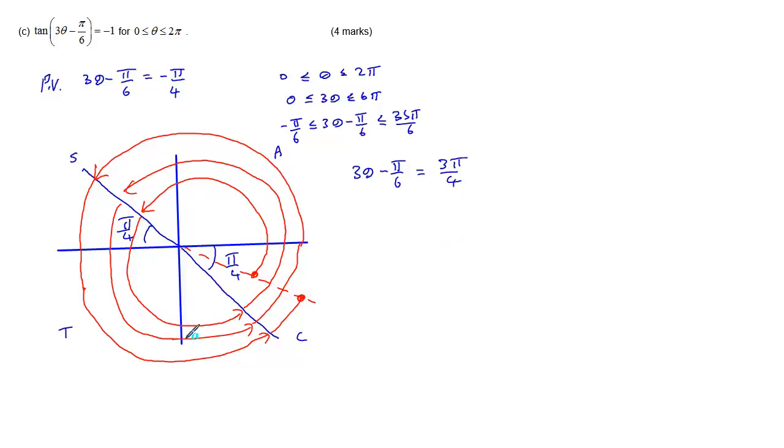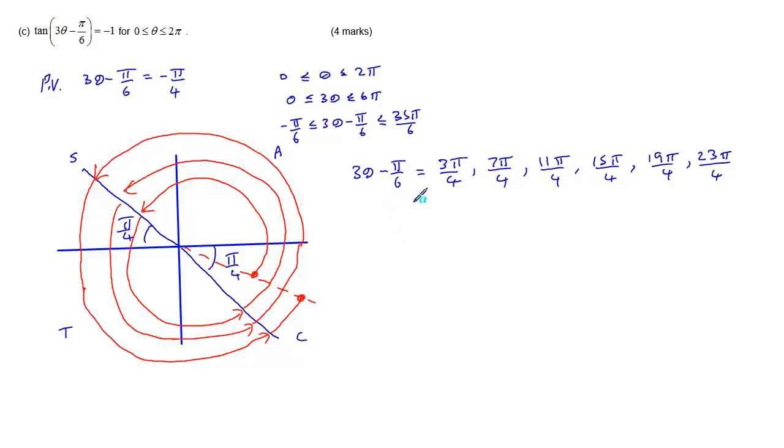And then the next one is going to be at 7 pi by 4, so pi by 4 before we get to 2 pi. And I can see these are going to keep going up by pi, because we know this is a straight line. So we're going to get 11 pi by 4, then 15 pi by 4, then we'll get 19 pi by 4, and finally 23 pi by 4.